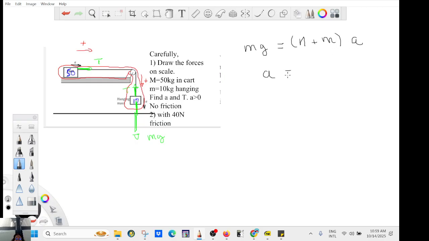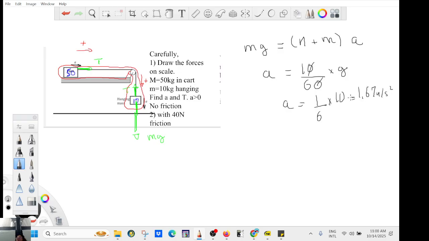So the acceleration will be 10 over 60 times g. Is that right, or did I make a mistake? It's good. Times 10, right? So A will be 1.67 meters per second squared.